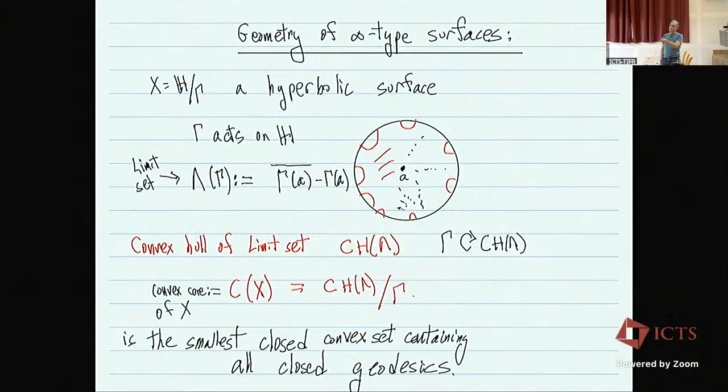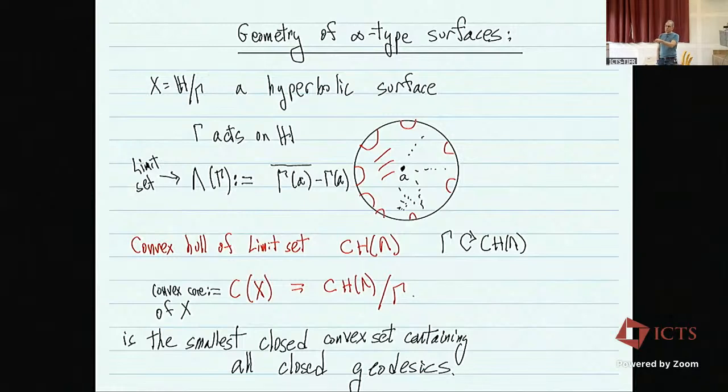So if you have the limit set of gamma, you could form the convex hull of lambda. Okay, so lambda is the limit set, and you form the convex hull in here, and it might look something like this. You have these intervals of discontinuity, they're called, and they're bounded by geodesics, and there's infinitely many of these.